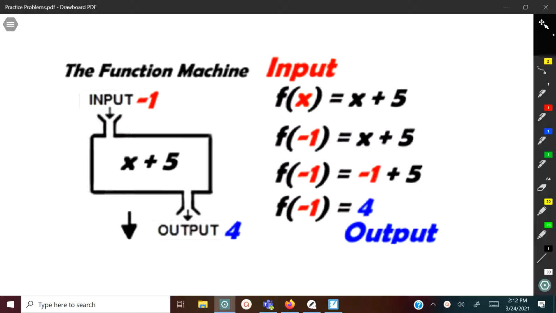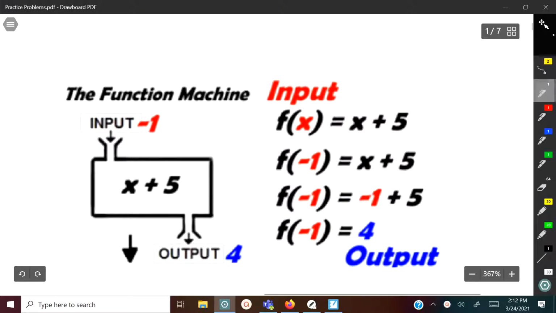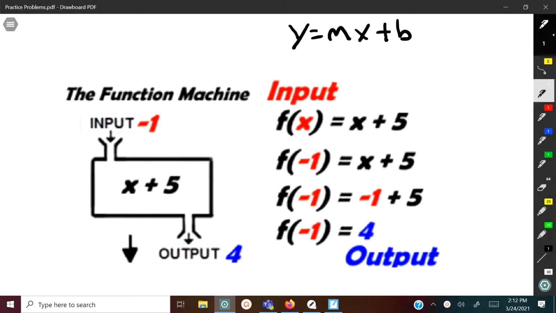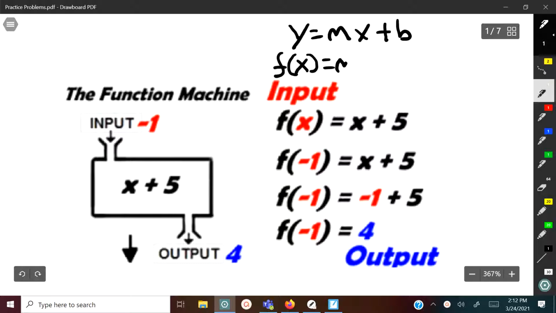Now, this is a linear function, and we've talked about linear functions before, and usually they look like this: y equals mx plus b. This is the same thing, but instead of y, you have f of x. And everything else is the same.